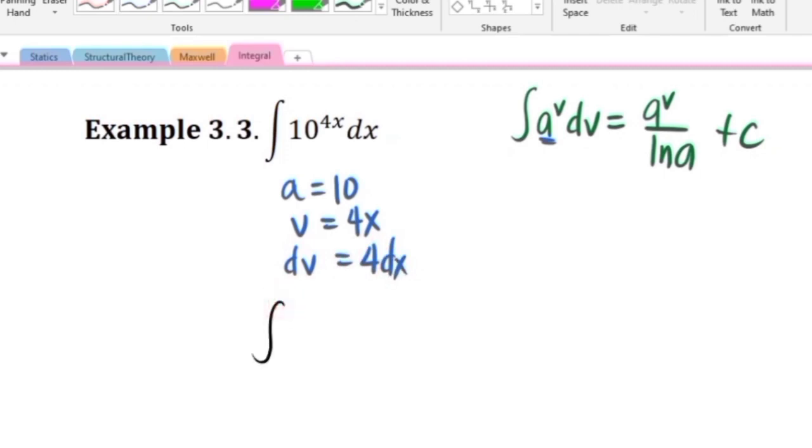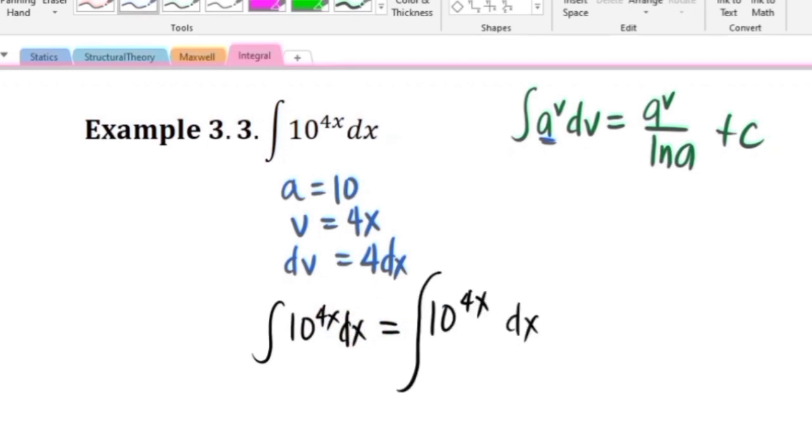So, the integral of 10 raised to 4x dx is just equal to, if we look here, the value of your v is 4x and your dv must be equal to 4 dx.